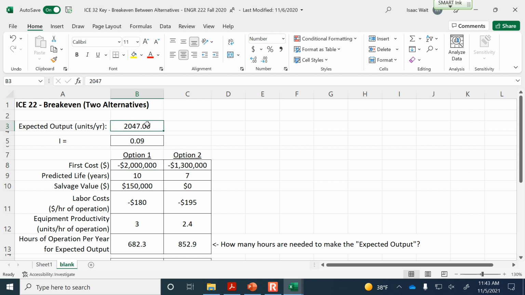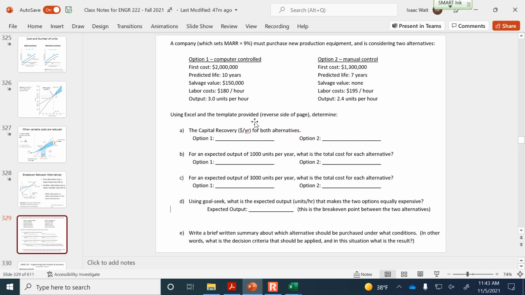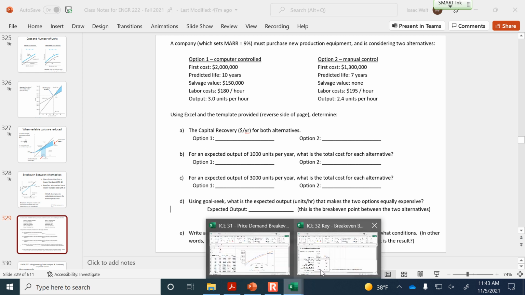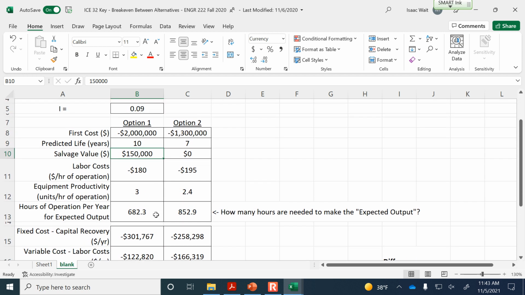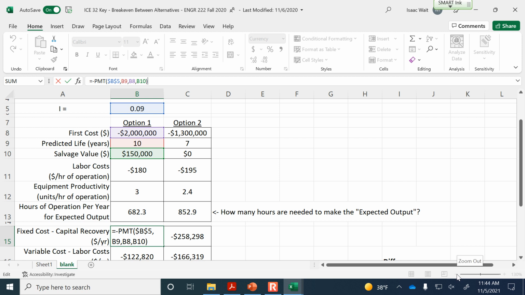Now you can see the interest rate that's specified in this problem is 9%. Where does it say that? Here: the company sets its rate at 9%. So the first thing is to calculate the capital recovery. The way that I did that is I have my first cost, the number of years, and the salvage value. And here in the capital recovery, I'm annualizing the difference between the purchase price and the salvage value.